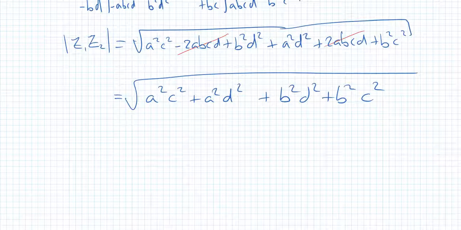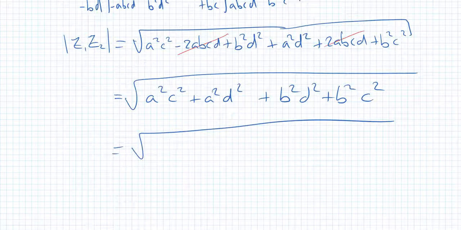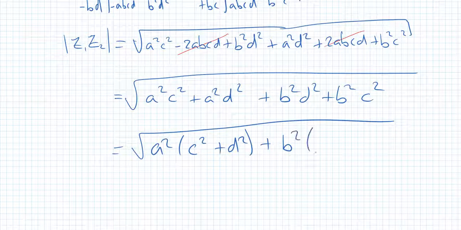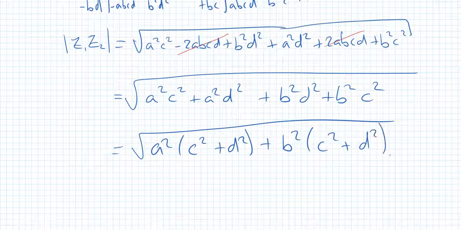Okay, what next? Well, I'm going to start to factorize this up into little sections. I can put those first two terms together. A squared open bracket c squared plus d squared, and then on the right I can say b squared open bracket c squared plus d squared.